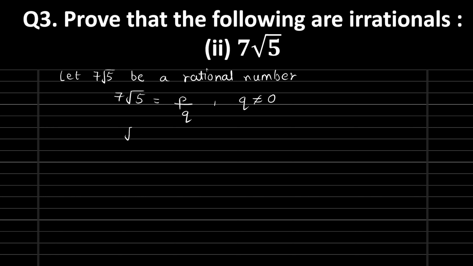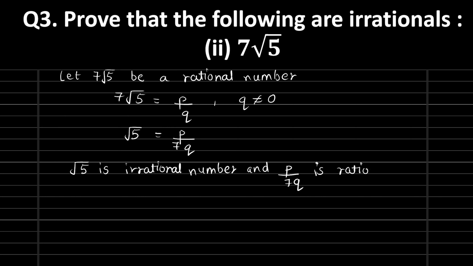Now, keep root 5 on the left hand side as it is and take 7 to the right hand side. So we will write p upon 7q. Now again we are at the same position: root 5 is an irrational number, and p upon 7q is a rational number.